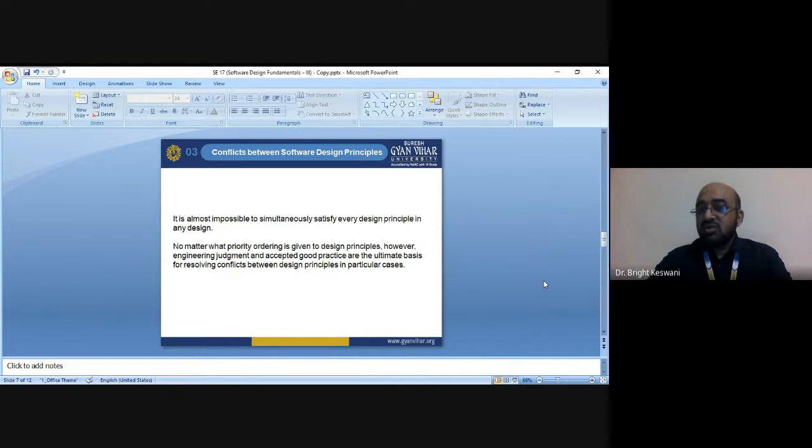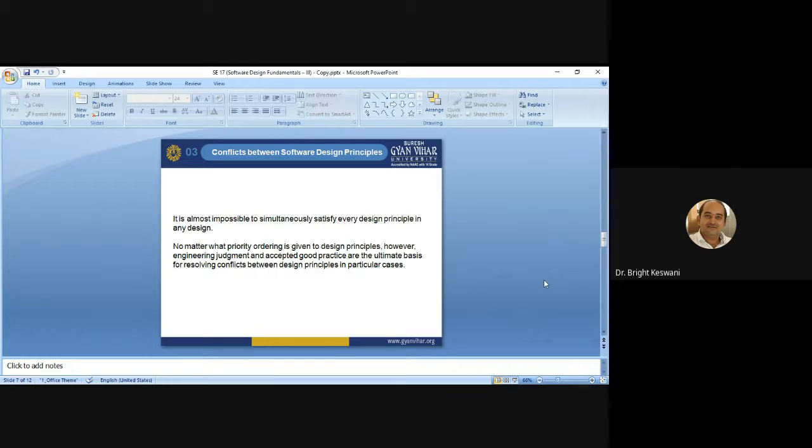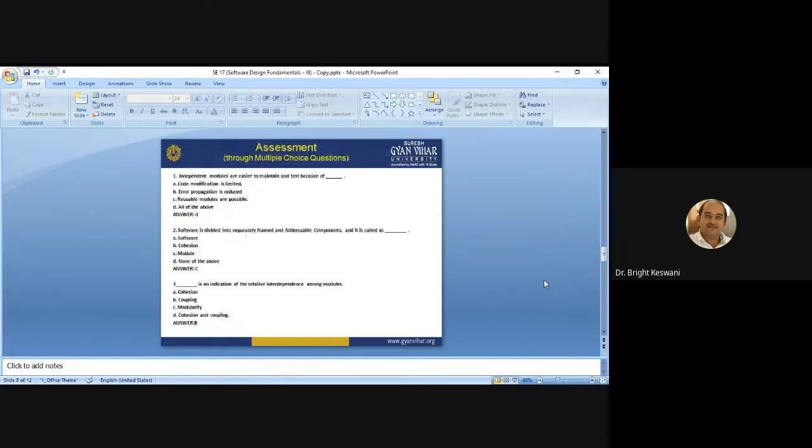Although conflicts are there, you are not able to use all design principles at once on a single project, but as much as you can, you can try to adopt all the principles at once. Okay, so this is all from my side.